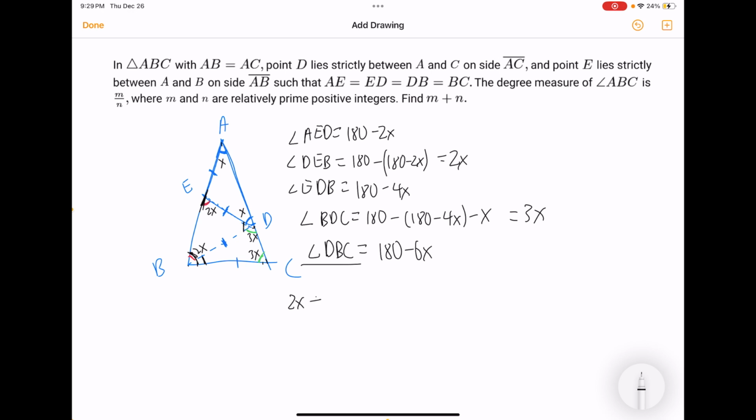So we can add these two together. Okay, this is equal to angle ABC. This is what we're trying to find. But we can set this equal to 3x because originally it tells us that AB is equal to AC. So that means this whole angle right here is equal to this whole angle right there, which we already know is now 3x. And so we have a really simple equation that we can solve for x.